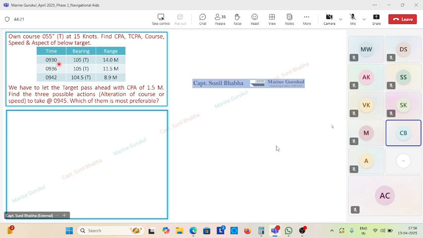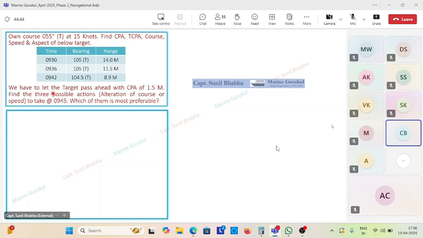At 0930, bearing is 105, range is 14 miles. After 6 minutes, 0936, the bearing is given as 105 degrees, range is 11.5 miles. And at 0942, the bearing is 104.5 and the range is 8.9 miles.